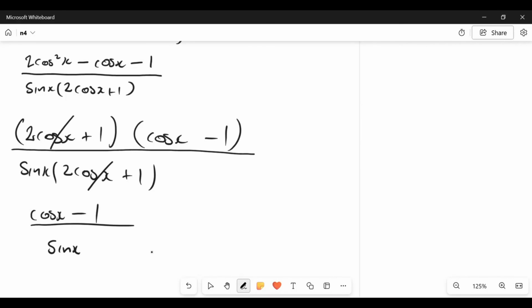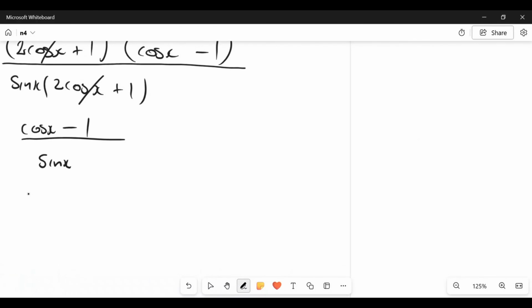We are not finished, people. We need to prove that this is equal to the right hand side. Let me create space for the last time, and then we prove. So we can continue and write it like this: cos x divided by sine x minus 1 over sine x. Remember, you are able to do this because this line here is solid, so we can break it like that.